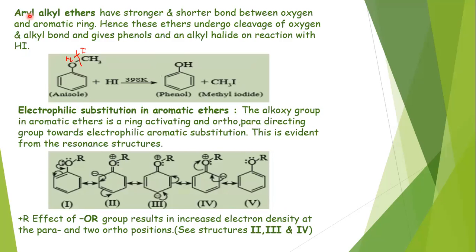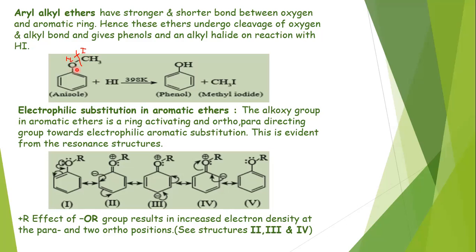When a mixed ether, that is aryl alkyl ether, is taken, it has a stronger and shorter bond between oxygen and aromatic ring. See, this oxygen and aromatic ring bond is shorter than this oxygen and this carbon, because this is an sp3 hybridized carbon and this is an sp2 hybridized carbon of the aromatic ring. So this bond is shorter, hence stronger.